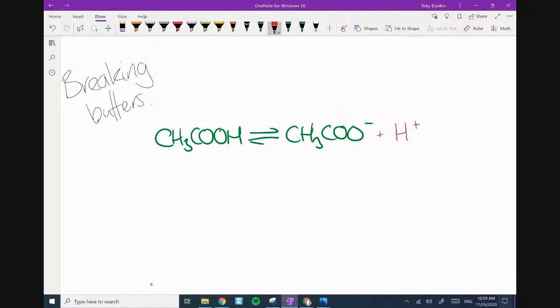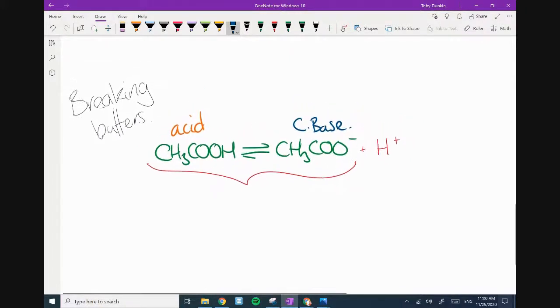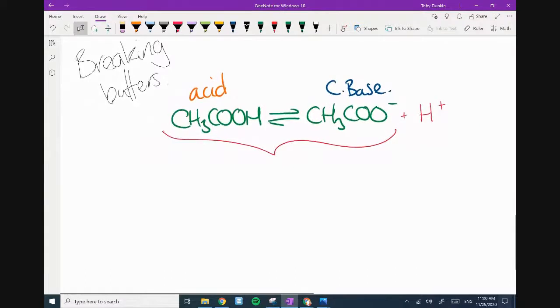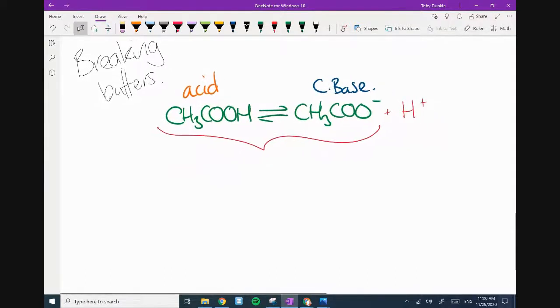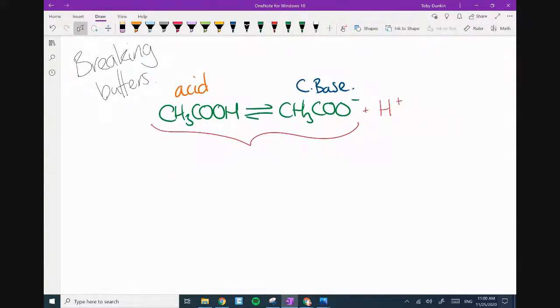But it's the equilibrium between these two. This is the acid, and this is the conjugate base. Yeah, they are related conjugates, so they don't play well together in a beaker. So we can set up an equilibrium and it acts as a buffer. So what now happens is we now need to look at this in terms of adding acid or base.